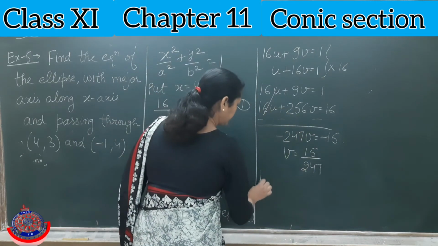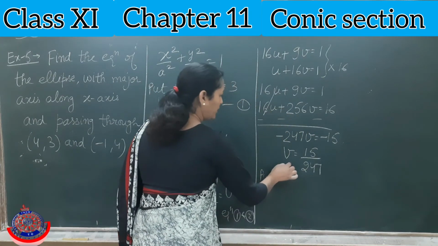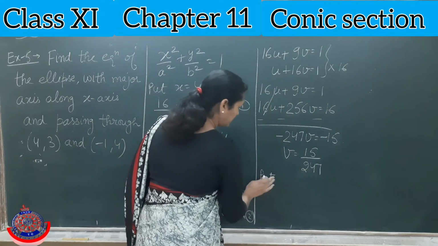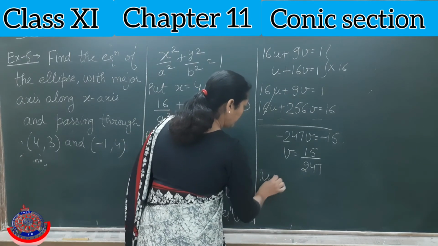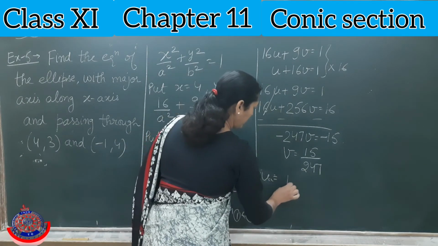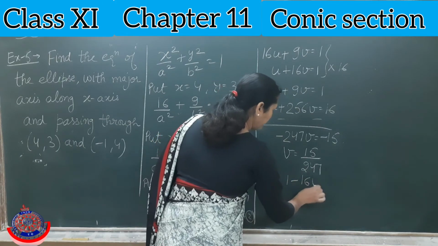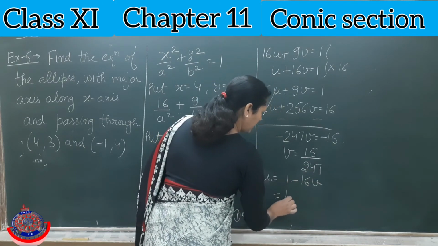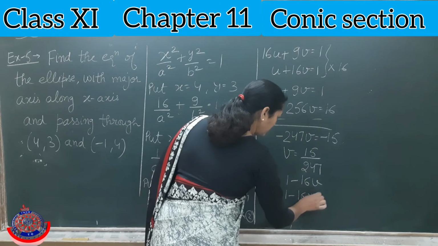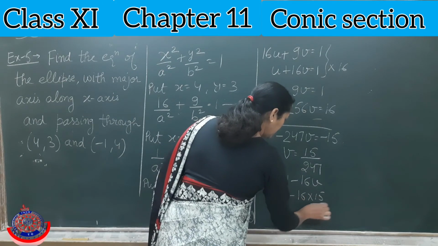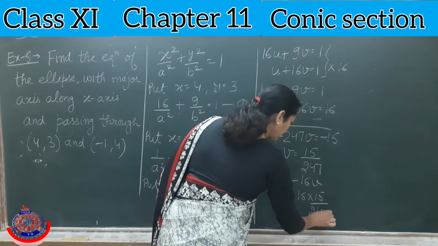And put v in this equation, we will be getting u is equal to 1 minus 16v. So 1 minus 16 into 15 upon 247.